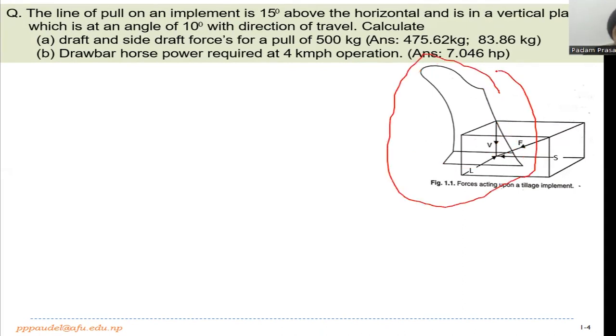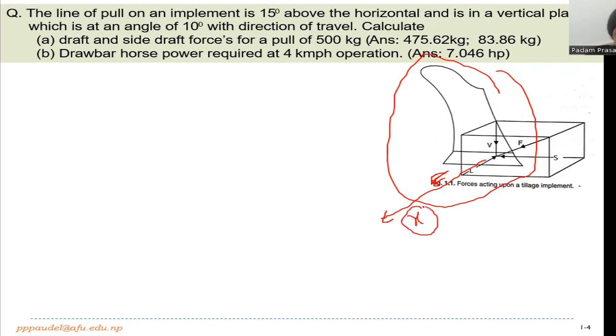And this plow is traveling along that direction, and that is the direction of travel. It is doing a tillage operation in that direction. That is the direction of travel of that implement. That may be the x-axis.